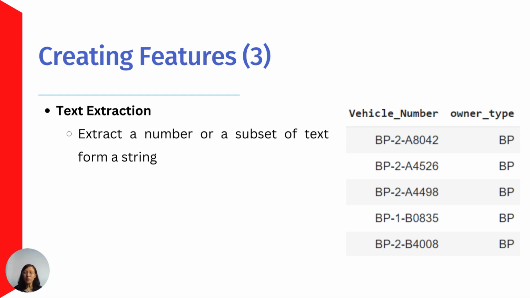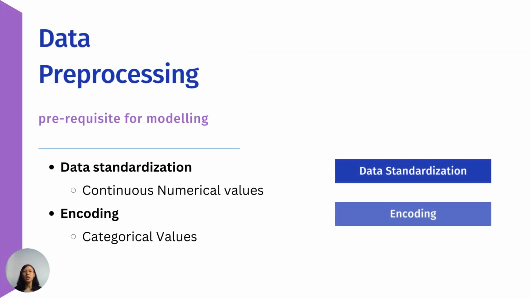But creating features really depends on the data set that you are working on. Sometimes we might not need to create new features if the given variables are sufficient for you to do the modeling.